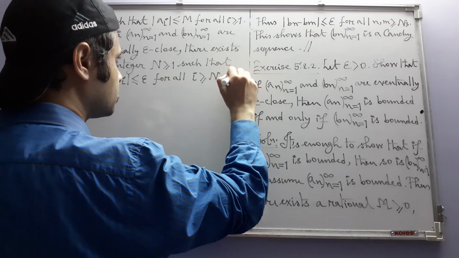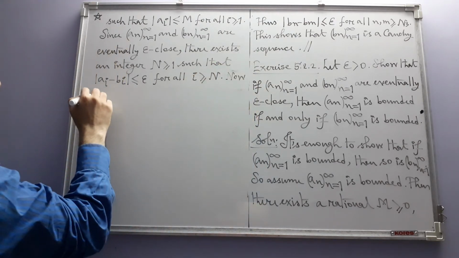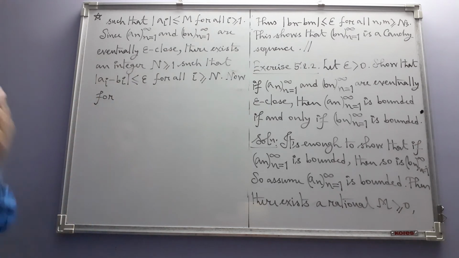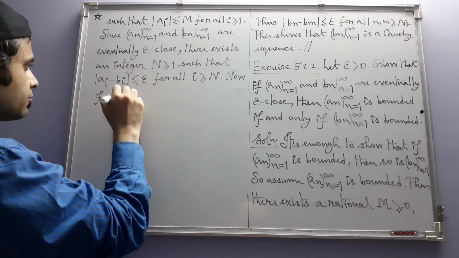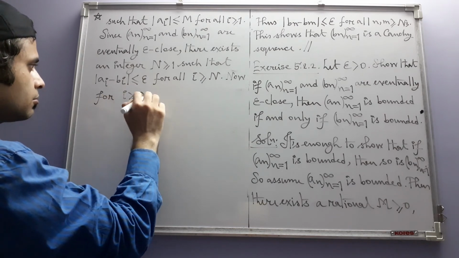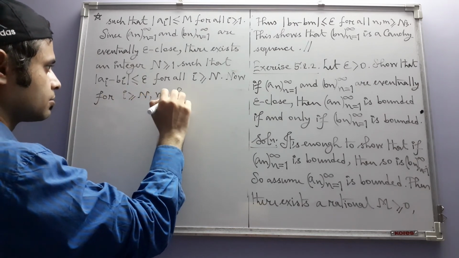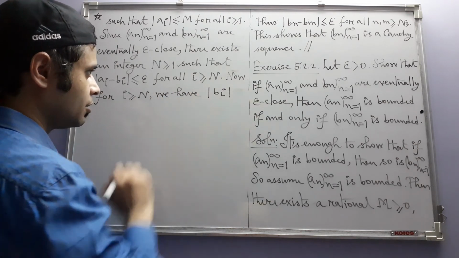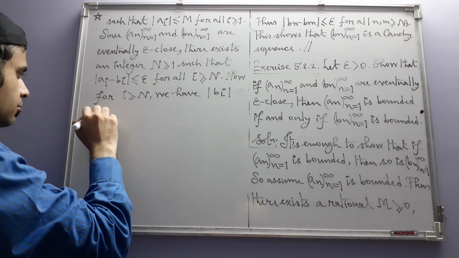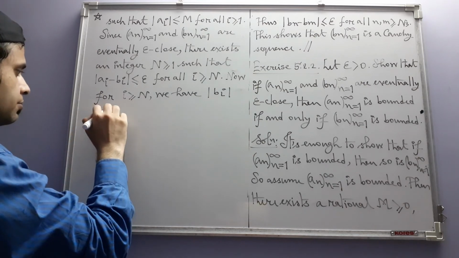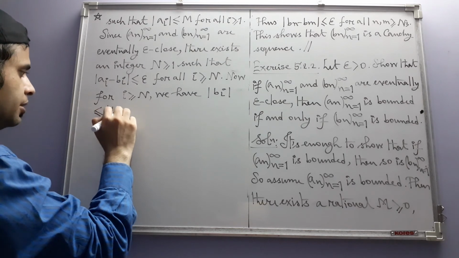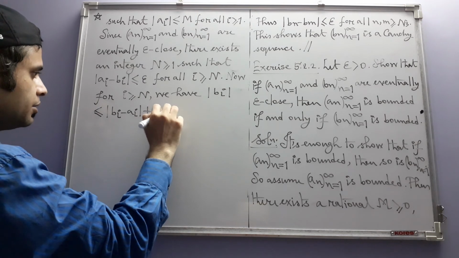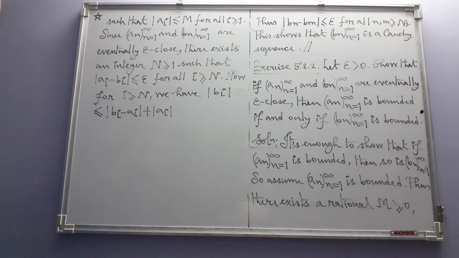Now for i greater than or equal to N, we have absolute value of bi less than or equal to absolute value of bi minus ai plus absolute value of ai. We have used the triangle inequality here.